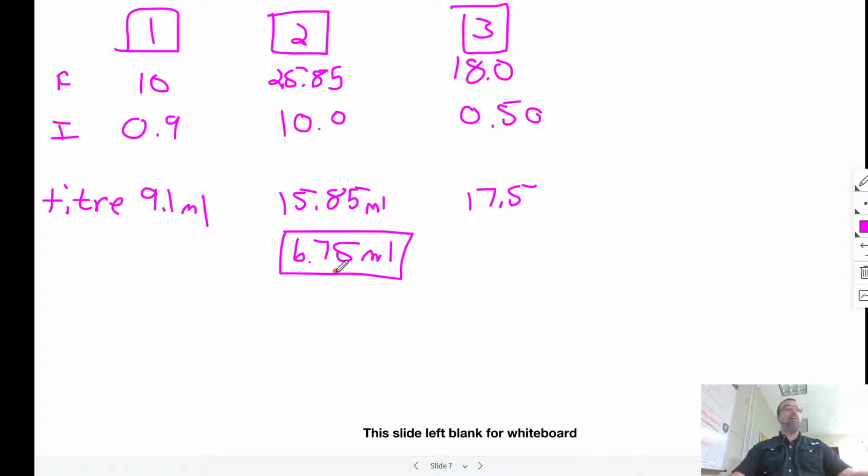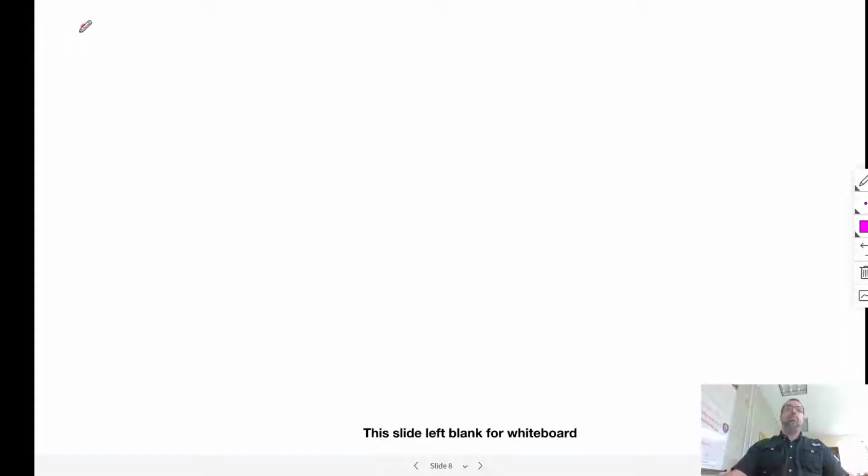Our next step is that we need to now find how much NaOH, okay? Because this is how much NaOH we made. So we have NaOH that we made, and we have 6.75 milliliters of that. Okay?